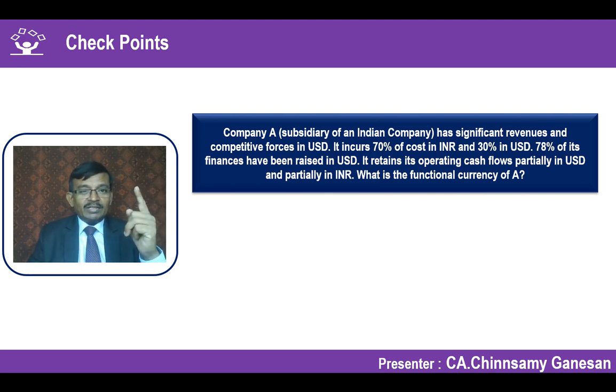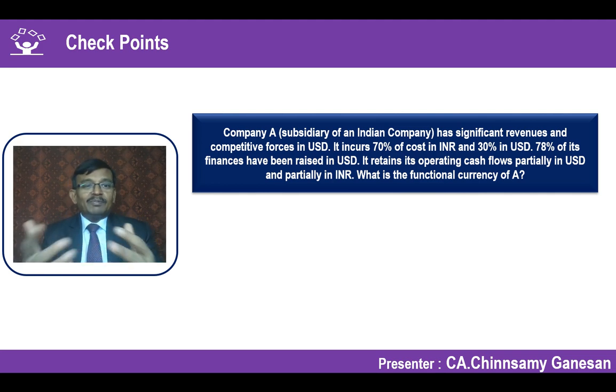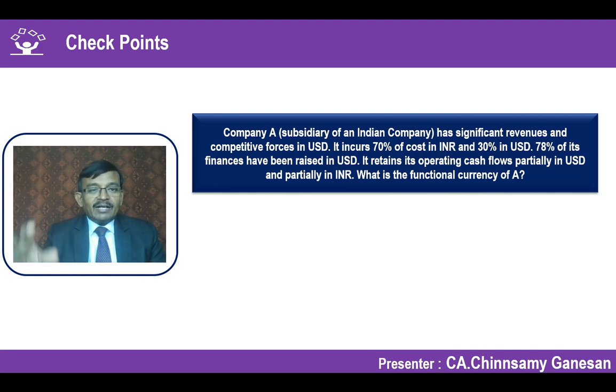Primary indicator shows one point towards US dollar, secondary one towards INR. But the secondary indicators give me one more point towards US dollar, and it also says it keeps the cash flows partially in US dollar and partially in INR, because we are saying how it maintains that.